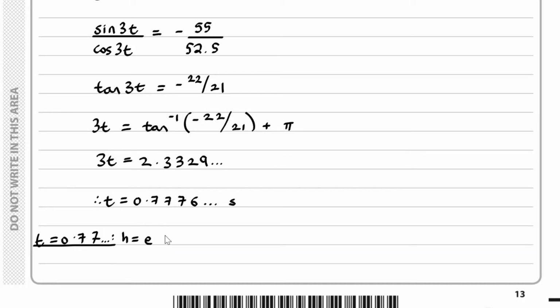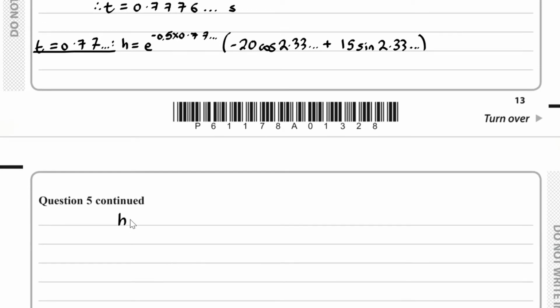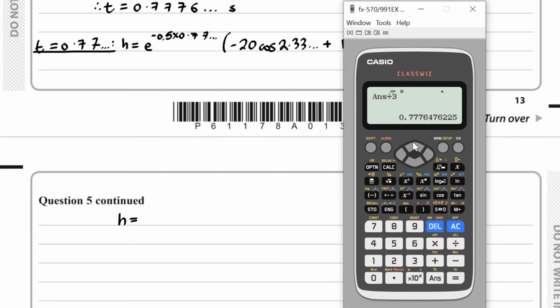H is equal to e to the power of minus 0.5 times by 0.77, etc. multiplied by minus 20 cos of 3t, so we have minus 20 cos of 2.33, etc. Plus 15 sine of 3t, so we have 15 sine of 2.33, etc. So h, if we work this out, we have e to the minus 0.5 lots of this, lots of minus 20 cos of 3 lots of this, plus 15 sine of 3 lots of this.